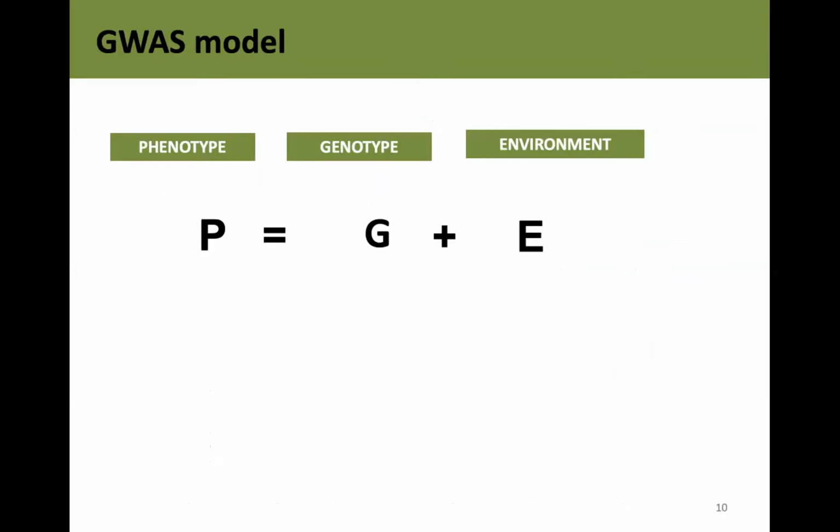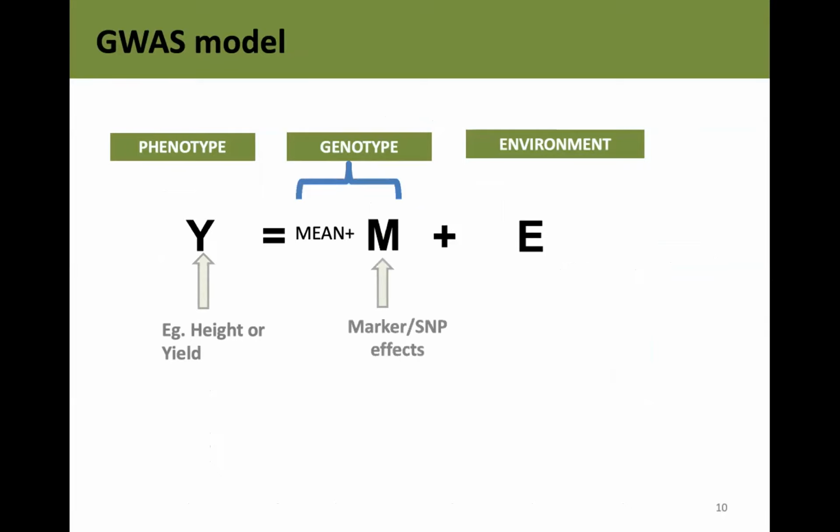We know that the phenotype equals the genotype plus its environment. So the basic GWAS model is that you have the phenotype, which could be height or yield, and then we have the marker or SNP, and the environment would be the field, and then you always have this unexplained effect. And this is just the very basic, simple form of a linear model.